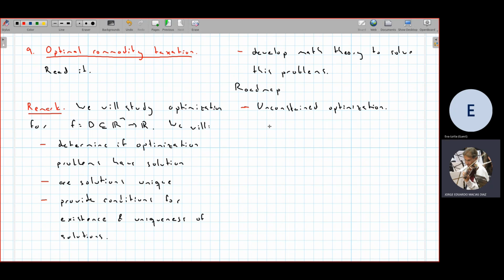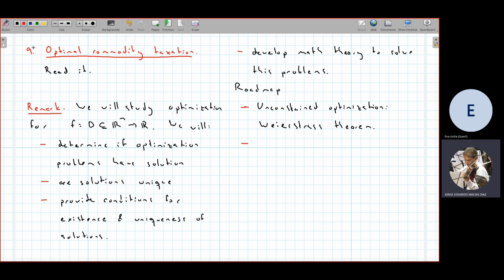And we are going to study a theorem in order to determine if some problem has a solution or not. So we are going to see what we call the Weierstrass theorem.